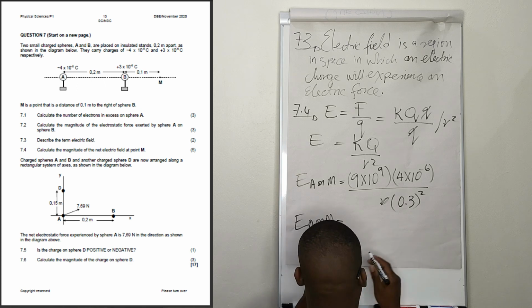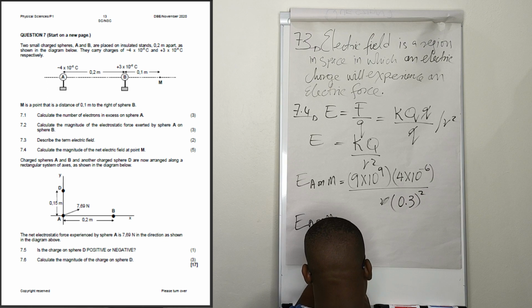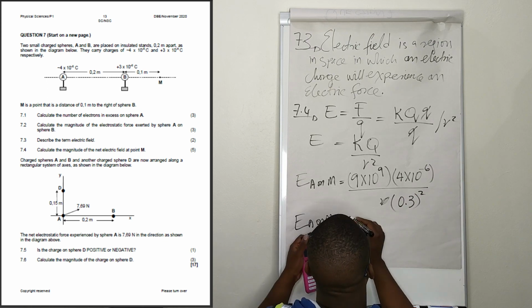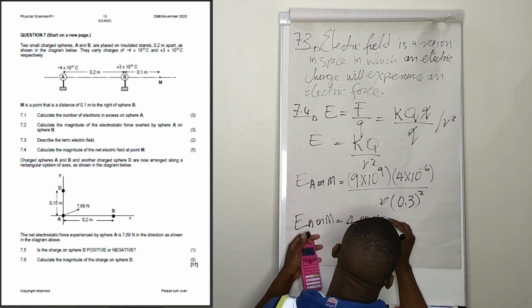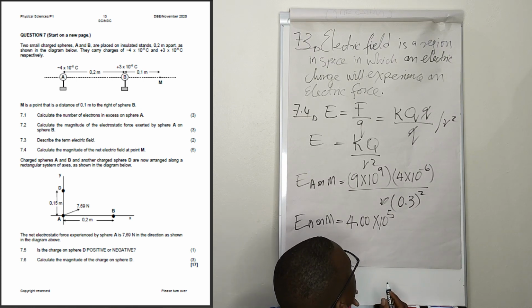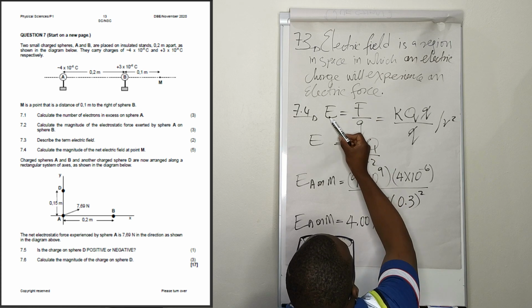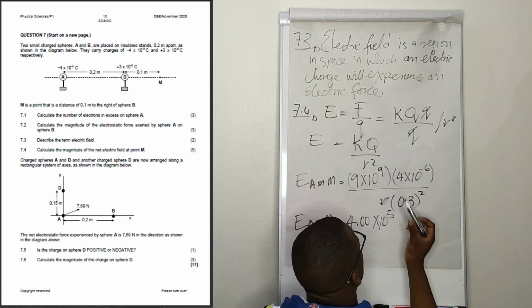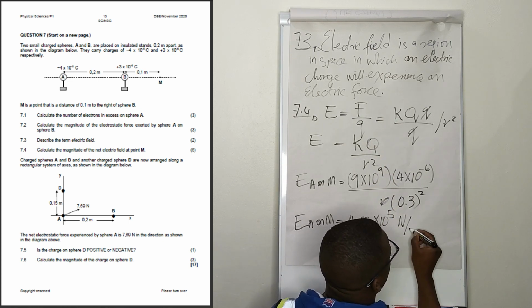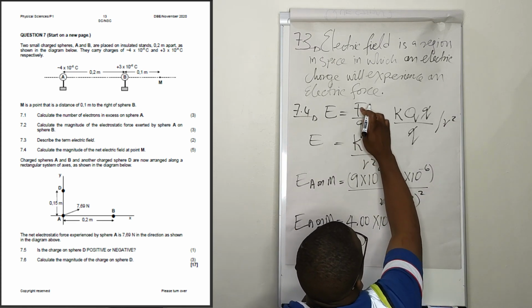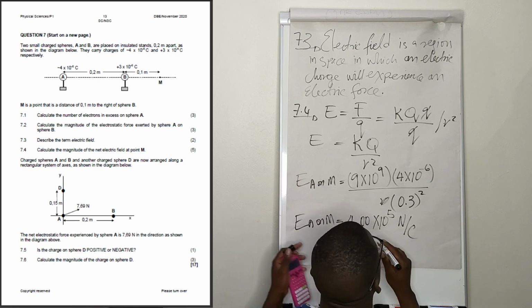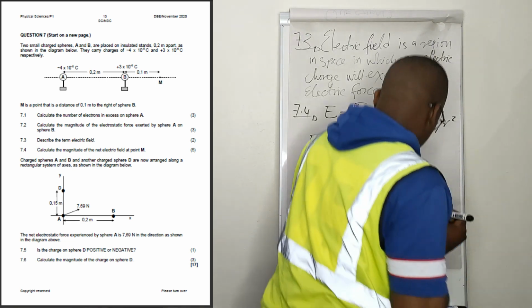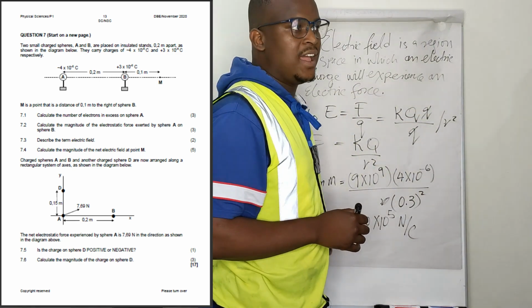So this is 4.0 times 10 to the power 5. What are the units? Electric field is force over charge, which is newtons over coulomb. This is newton, this is coulomb. And this is to the left, because we said that this electric field is to the left.